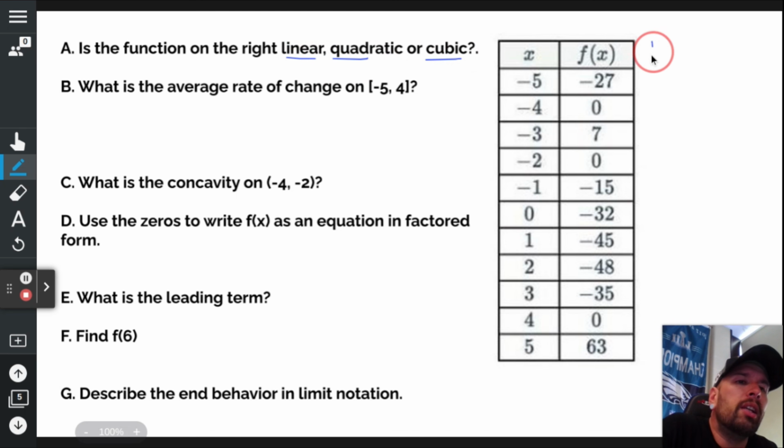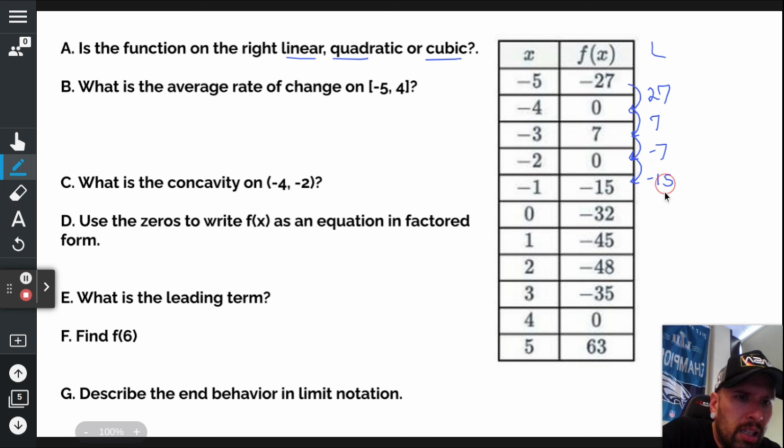We test out the linearity by seeing what happens to get from one number to the next one every single time to see if the rate of change is the same throughout. So if I add 27, I get to that. If I add 7, I get to that. This is minus 7, minus 15, minus 17, minus 13, right?